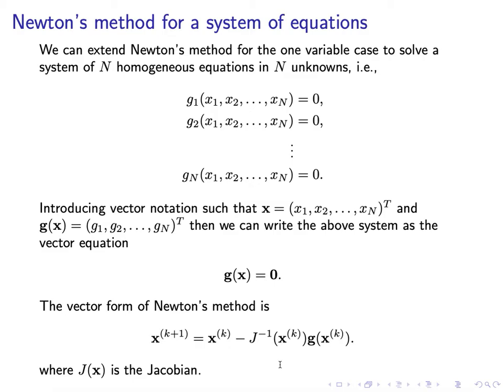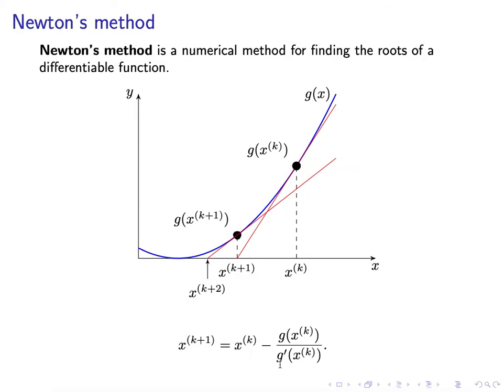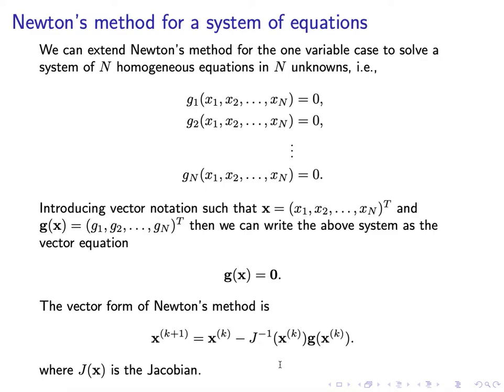Now that's for a single equation. For a system of equations, this derivative is going to be what we call a Jacobian matrix. So if we have big N equations, a big N number of functions g1, g2 up to gn, and we want to calculate for what values of x, x1, x2, etc., are all of these equal to 0, so we have a homogeneous system.